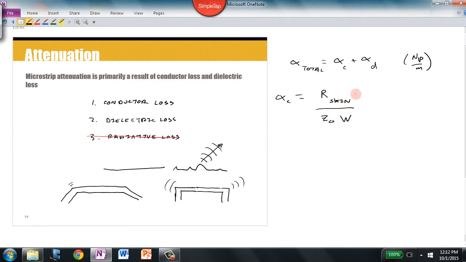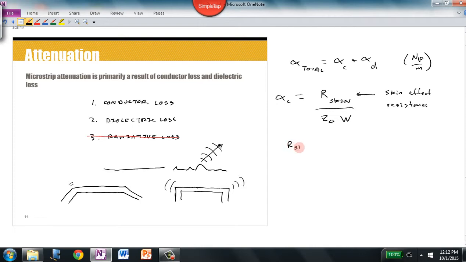The skin effect resistance is something new, and it is the resistance of the material due to the fact that the electromagnetic signal cannot permeate the entire depth of the trace. So we only have a small portion of the trace available for conduction, and therefore the effective resistance is altered due to the skin effect.